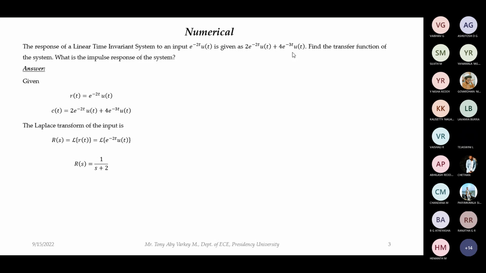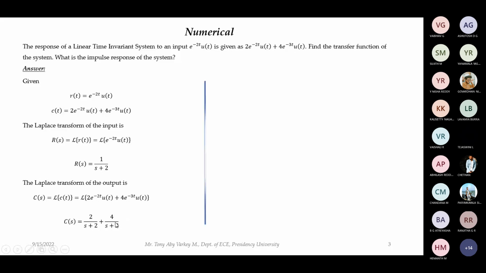Correct. Now what is the Laplace transform of the output? 2 by s plus 2 plus 4 by s plus 3. Correct. That is the Laplace transform of 2 e to the power minus 2t plus 4 e to the power minus 3t u of t. So the Laplace transform will become 2 divided by s plus 2 plus 4 divided by s plus 3.